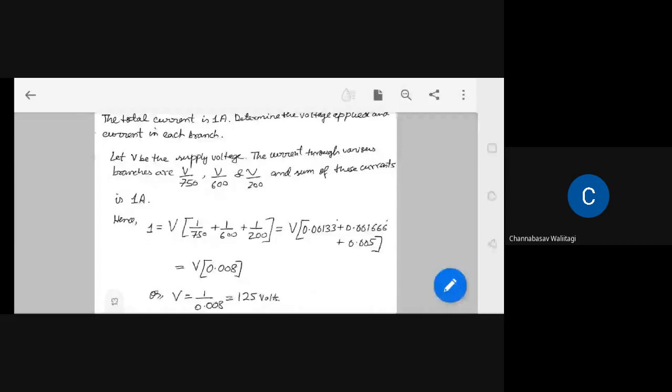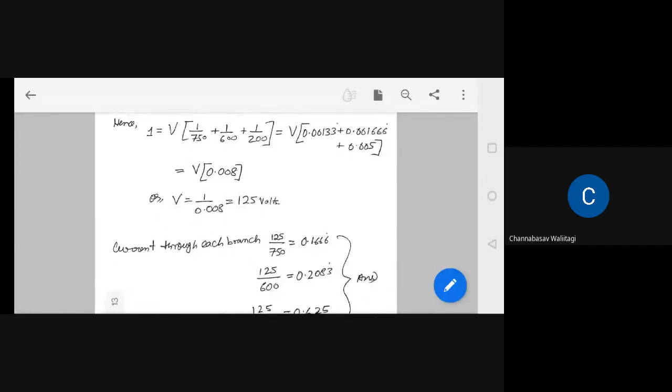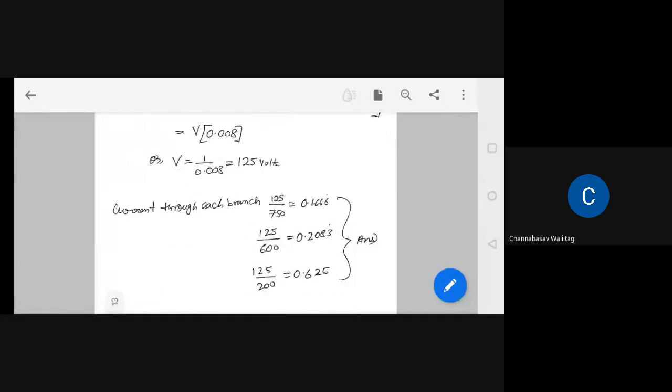The applied voltage is 125 volts. Now the current through each branch is the voltage divided by the individual resistance, the way we assumed: 125 by 750, that is V by 750, V by 600, V by 200.